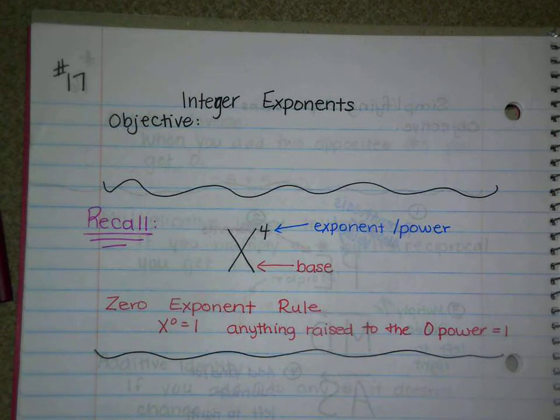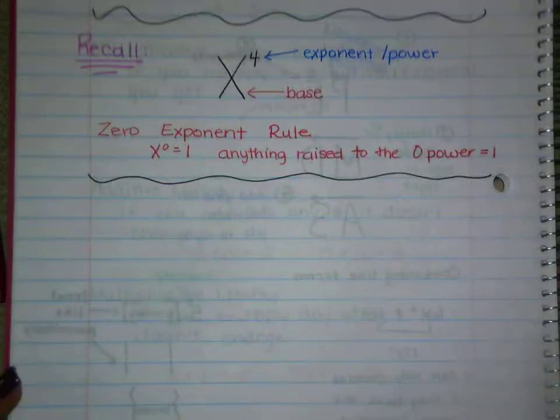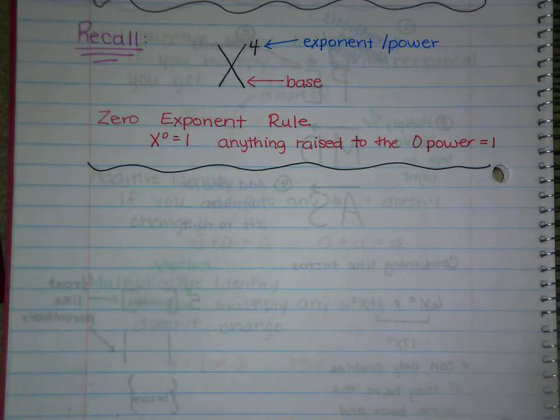And basically, before we give you the finalized rule, I want you to look at the exponents and numbers. And we kind of talked about this in our class, I think, about the zero rule. We're going to start by talking about it with twos.